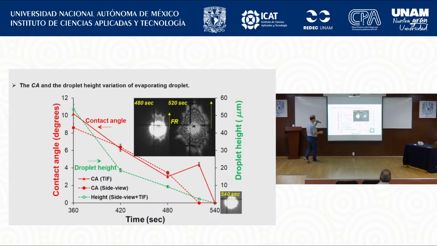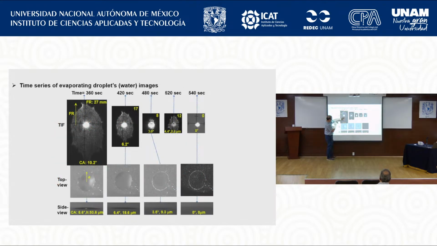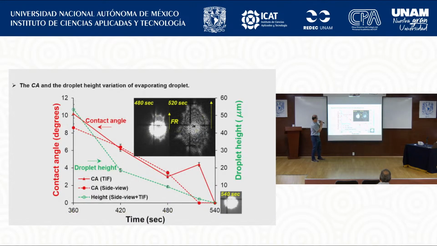So now here, this image is to show this time, 5 to 20 seconds here. The reason is that experiment results show that fringe radius increases. So increasing fringe radius means the contact angle, here on the left side, is increasing.